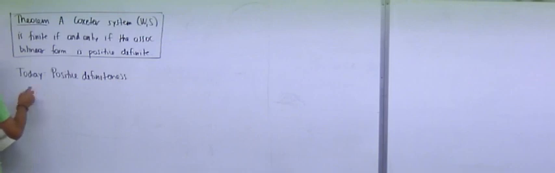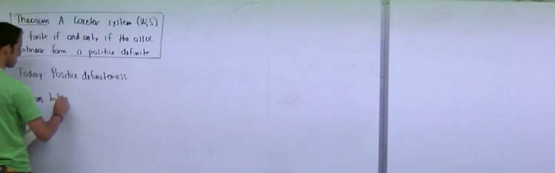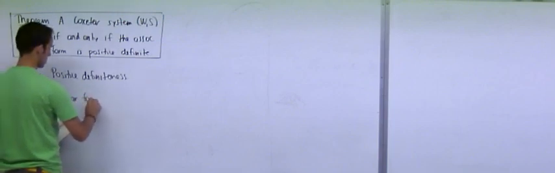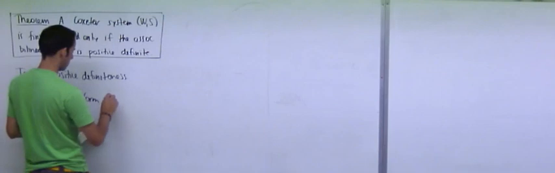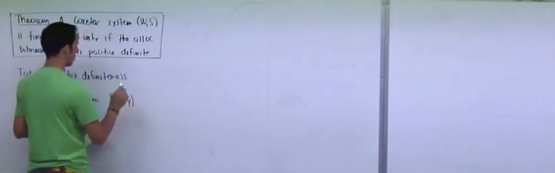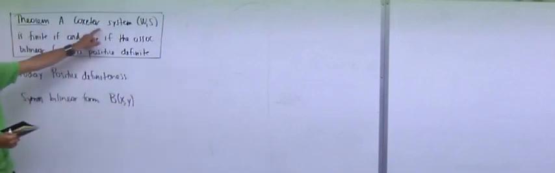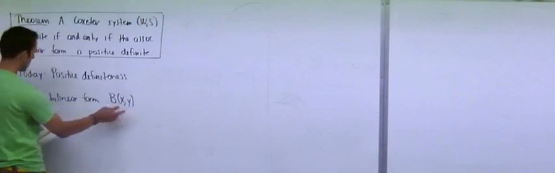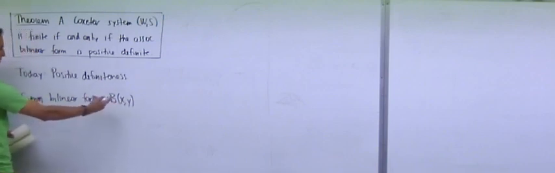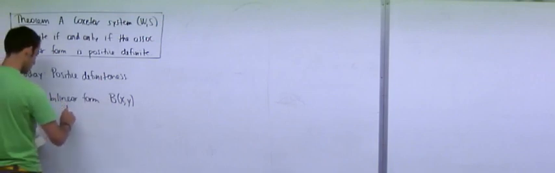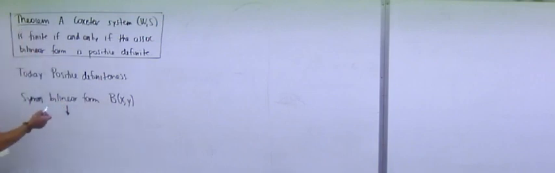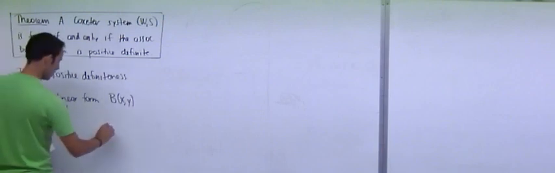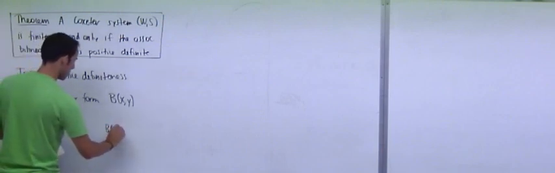So let's see, we have some symmetric bilinear form, which let me call b of x, y for now, just to distinguish it from this one. So just some general symmetric bilinear form, okay? That means that it's linear in both variables, and it's symmetric, so b of x, y equals b of y, x. And from this, we're going to consider the things of the form b of x, x, okay?